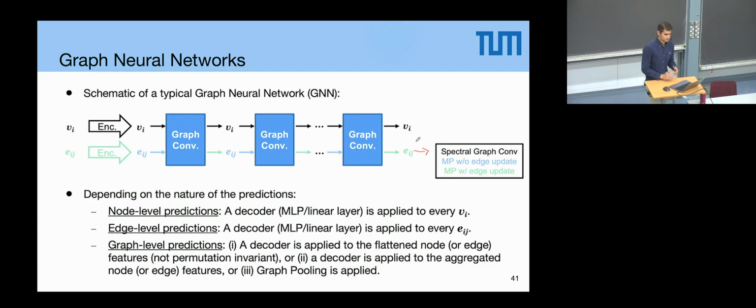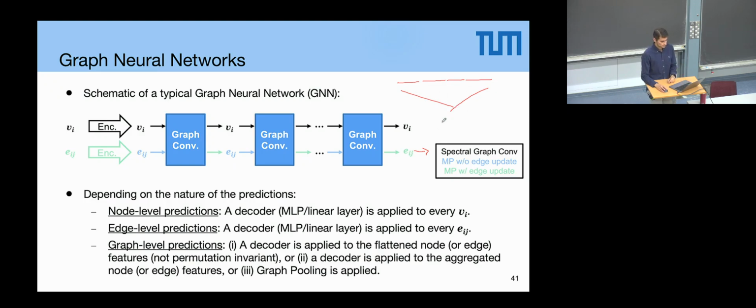And in other cases, we may want a single vector or some features for the whole graph. For instance, if we are doing graph classification, or if we have some simulation and we want to infer some physical parameter like the Reynolds number, some global parameter. In that case, there are several alternatives. We can flatten all the node features into a single vector and then apply an MLP to this flattened vector.